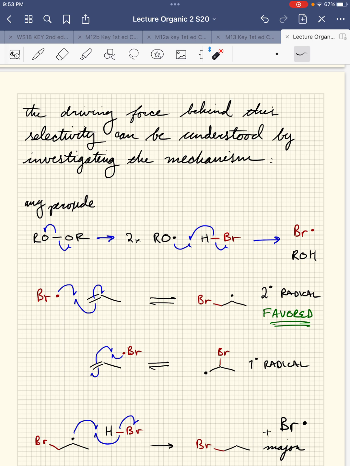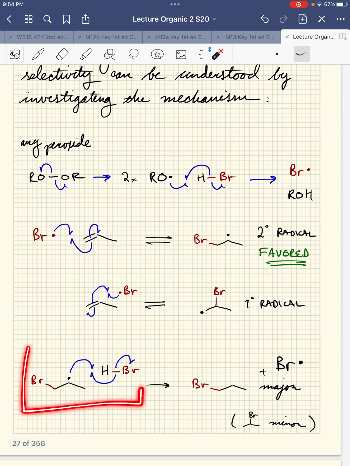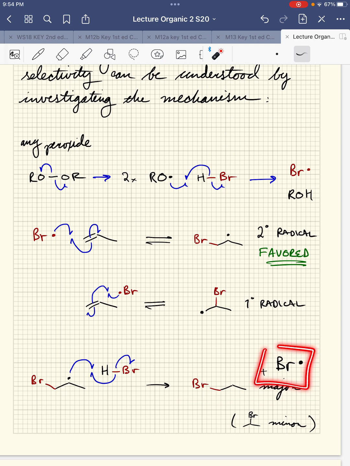And then just as a quick aside, radicals that can resonance delocalize are even more stable than these tertiary, secondary, or primary radicals where the radical electron, that lone unpaired electron, is localized. And so here in this particular example, clearly this is the more stable intermediate. So this is the reaction pathway that's favored. And then at the end, the more favored radical abstracts hydrogen from HBr, yielding the anti-Markovnikov product and generating more Br radical.